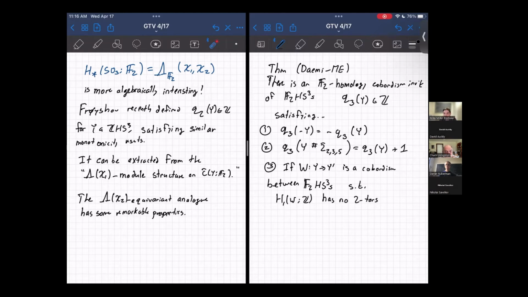Another way of thinking of this is by surgery, I can replace this with a cobordism whose first F2 homology is 0.